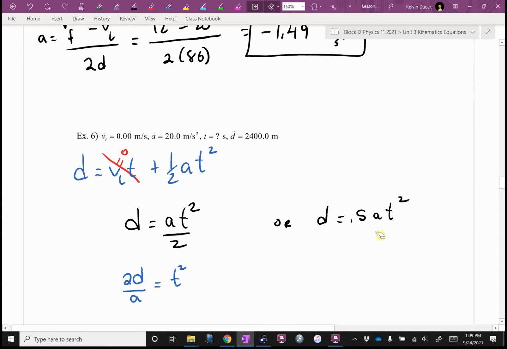What's the 0.5 and the A doing to the T? So how do I move them over? Or I'll get D over 0.5A equals T squared. Those two equations mean the same thing. Timesing by 2 and dividing by a half, you end up with the same result. Except I have a T squared.